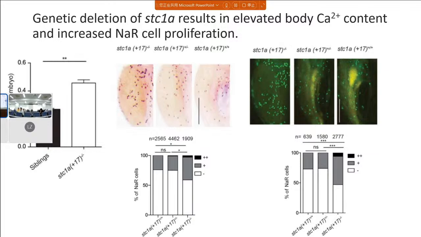Therefore, NAR cells in the STC1A homologous mutant fish were often observed in cell culture and address a new cell. This finding indicates that the genomic deletion of STC1A results in increased NAR cell proliferation and an elevated calcium level in the body.